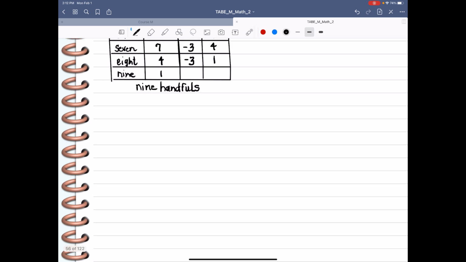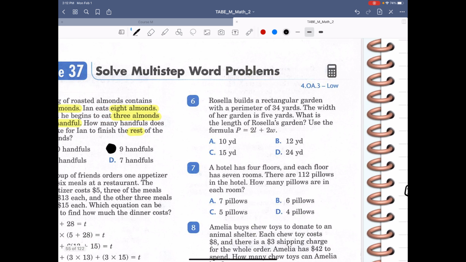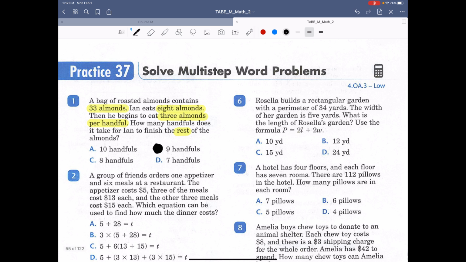Okay, number 2. Let me go back and read the problem and highlight what I need to. A group of friends orders 1 appetizer and 6 meals at a restaurant. So as I read, I'm going to highlight 1 appetizer and 6 meals at a restaurant.